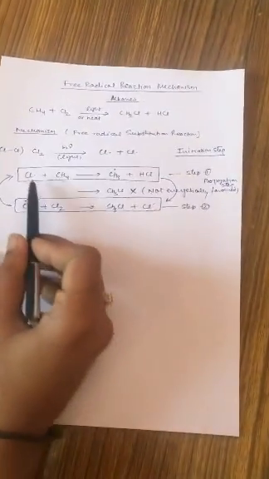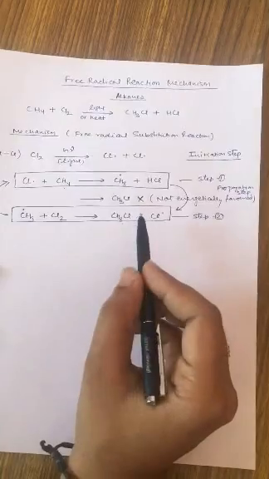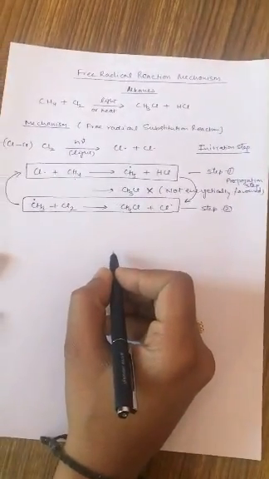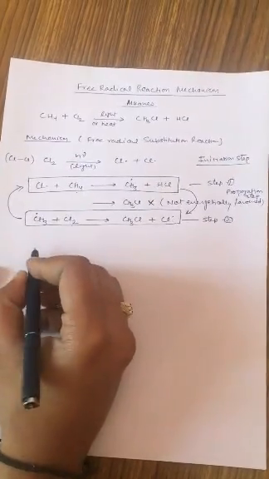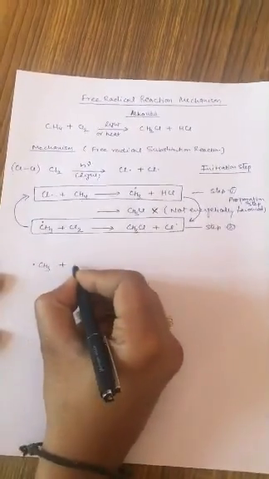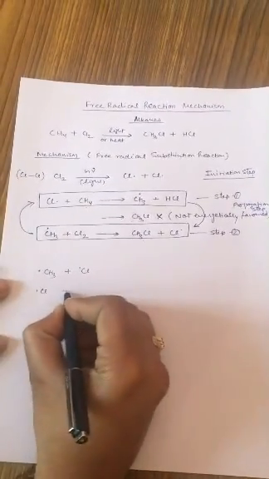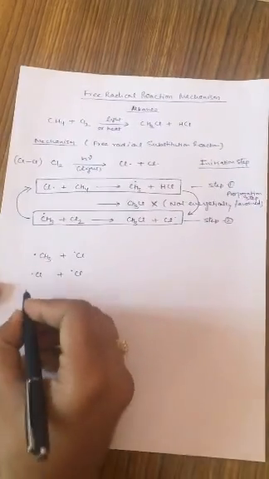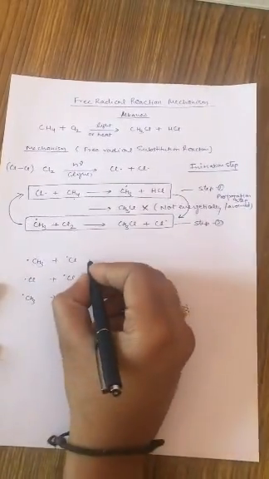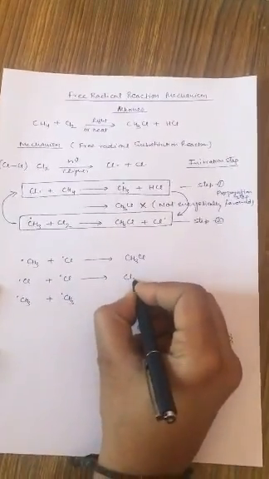Now this chlorine free radical again reacts with methane, and these steps can propagate until the complete methane gas has reacted with chlorine gas. And the last step is called the termination step, in which all free radicals like CH3 free radical and chlorine free radical, in the possible combinations, chlorine free radical with chlorine free radical and CH3 free radical with CH3 free radical, can react with each other to form the final terminated products.